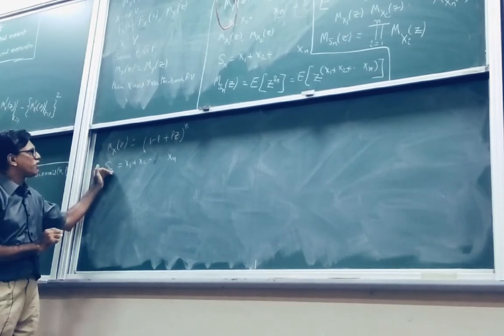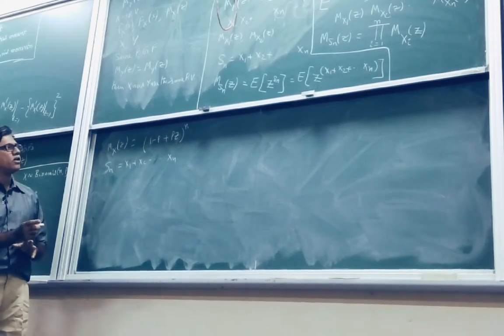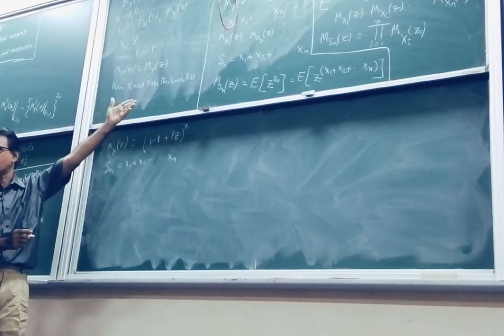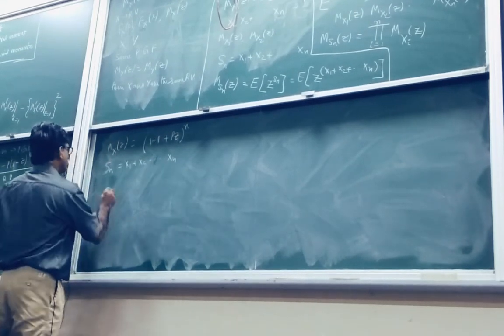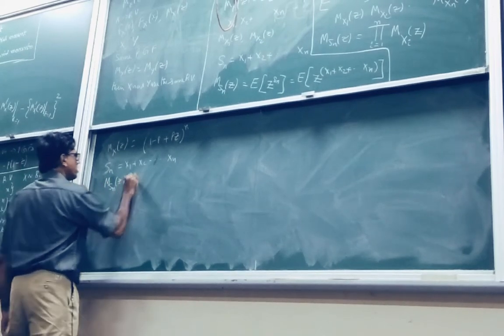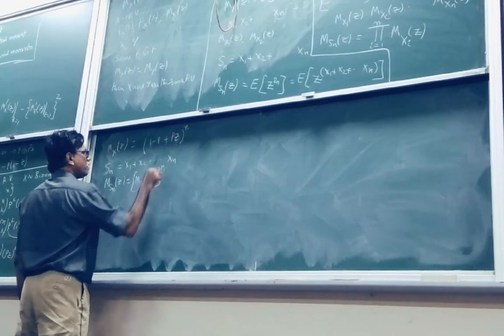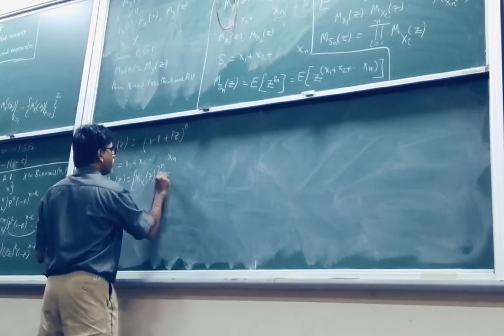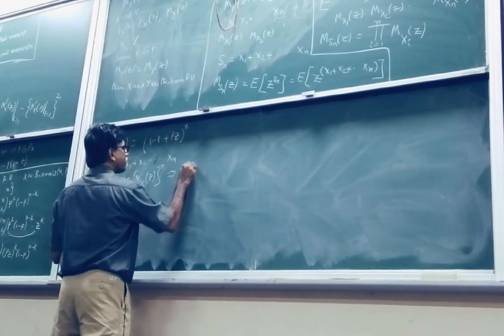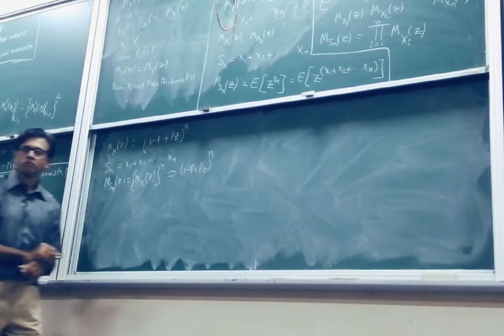Since they all have an identical PMF, it has to be the nth power. So M Sn of z is equal to Mx of z power n, and that is what we are getting.